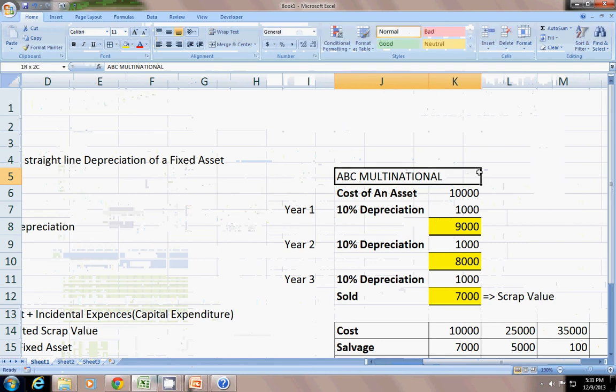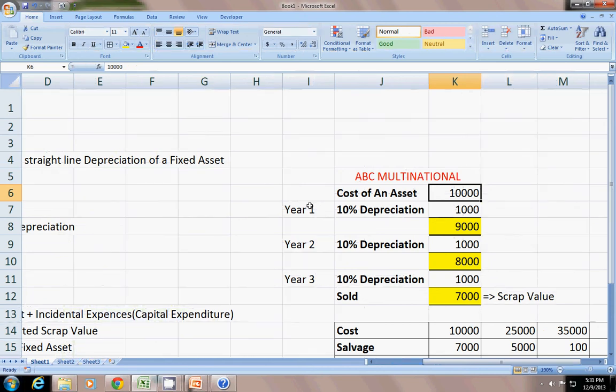ABC multinational company purchased an asset worth rupees 10,000, and it was decided to charge 10% depreciation according to the fixed installment method. So in year 1, the depreciation charge was 1,000, and the brought down balance was 9,000.